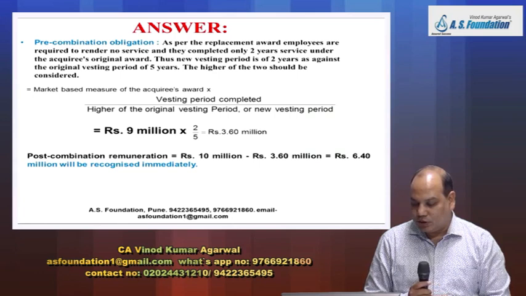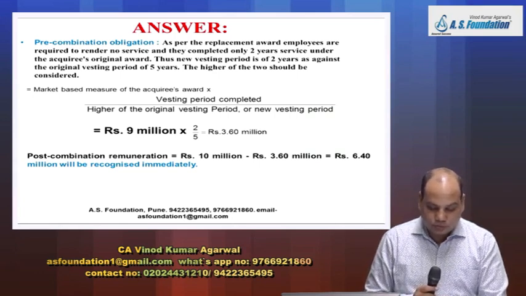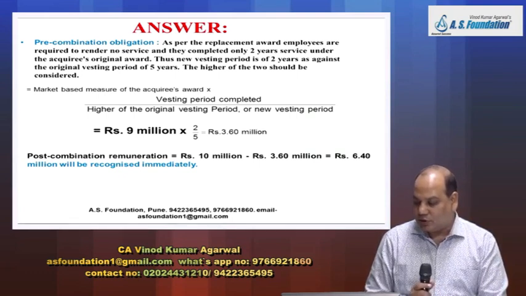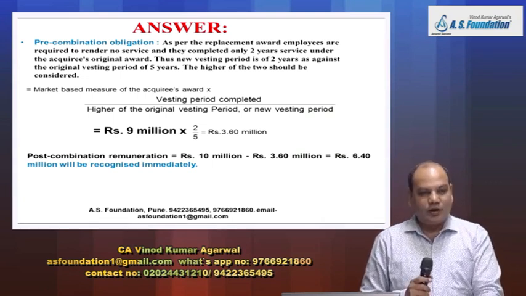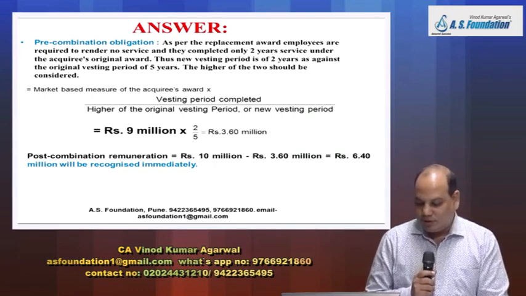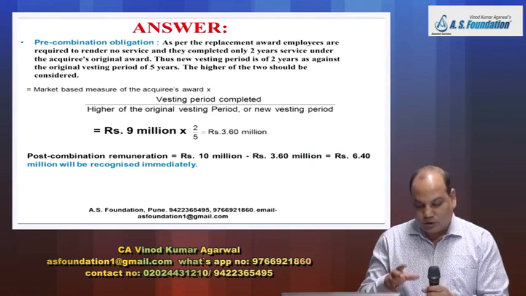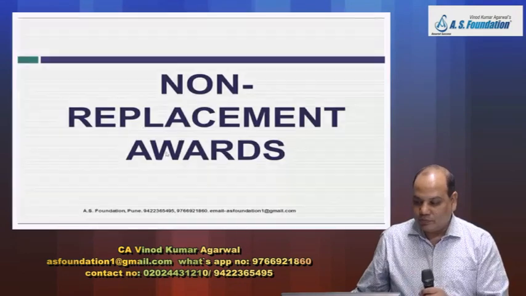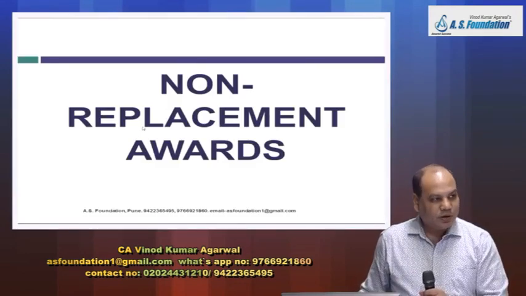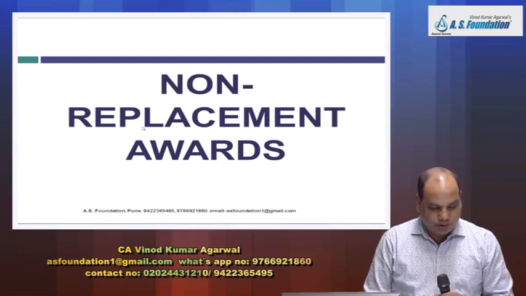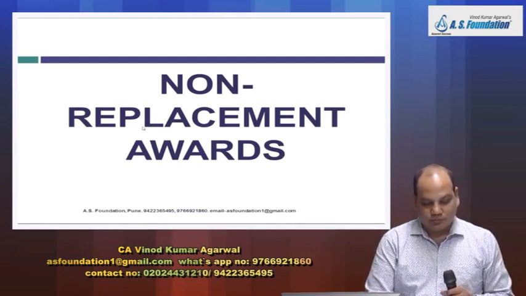But the post combination value of the replacement award is 10. So what I will do, 10 minus 3.60, 6.40 million will be recognized immediately. So see how the questions are changing. Now come to the next part, theory book, theory part, non-replacement award.